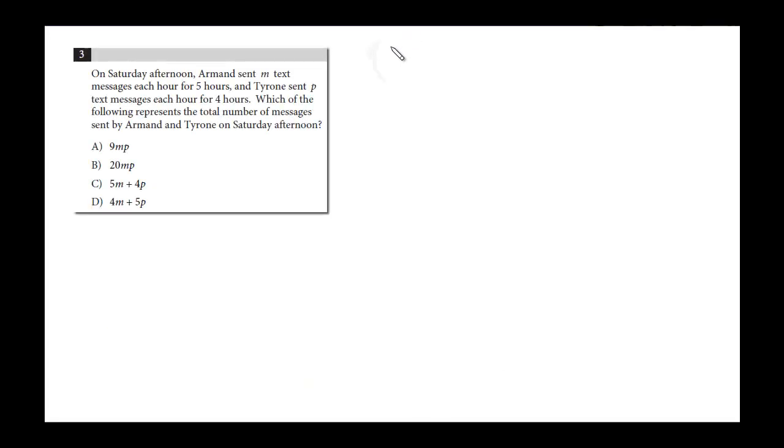In number 4, we are told that Armand, I will denote him by A, sent M text messages each hour for 5 hours, and Tyrant, T, sent P text messages each hour for 4 hours.